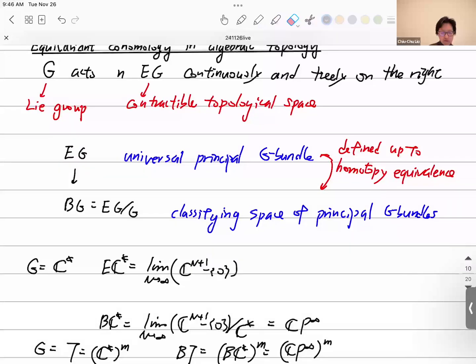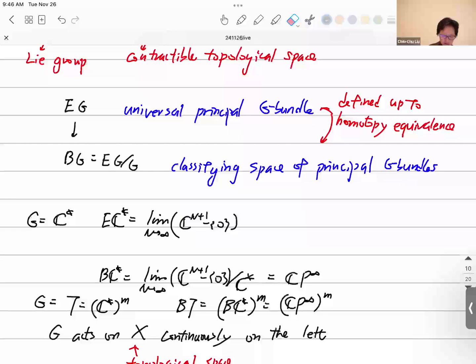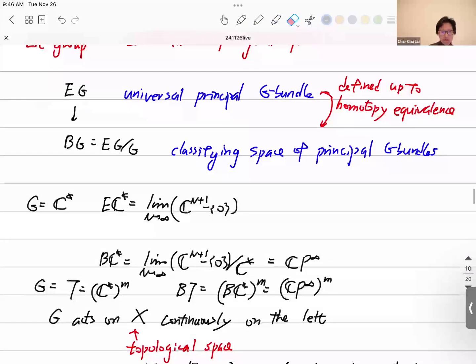But when N goes to infinity, this gives us the universal C star bundle over CP infinity. You can think of the universal C star bundle over CP infinity as the frame bundle of O(-1).